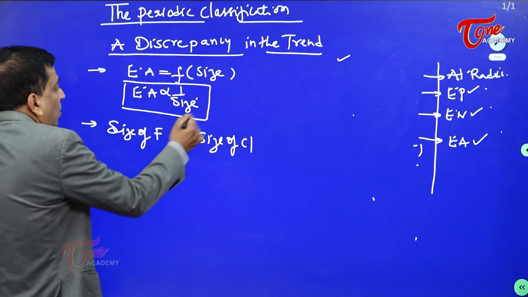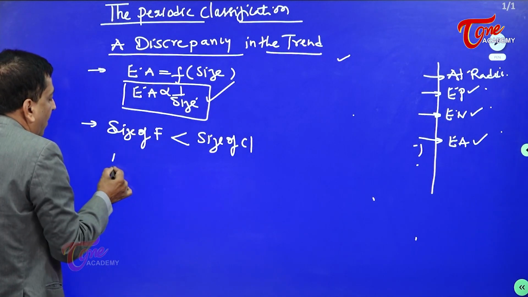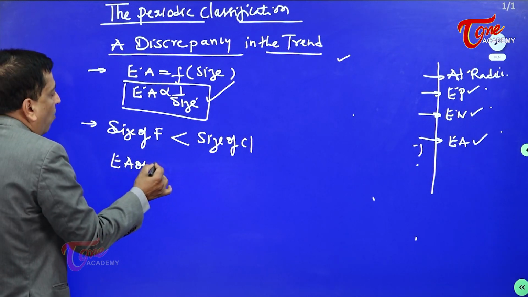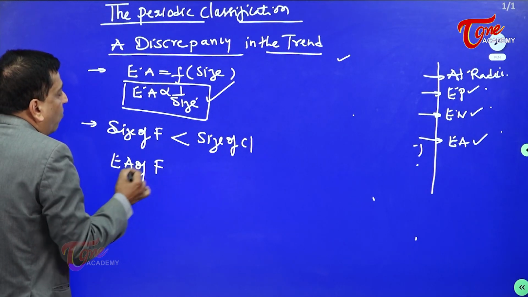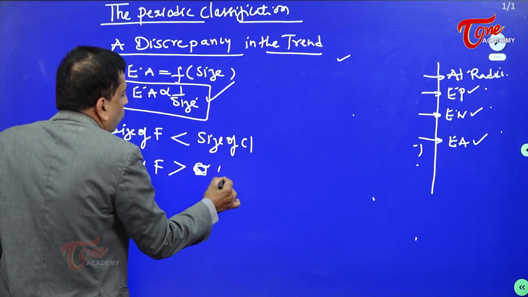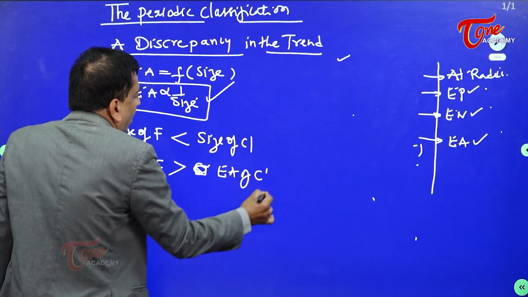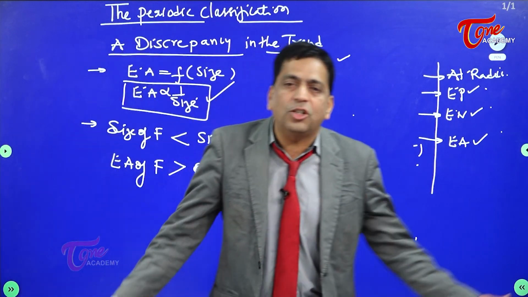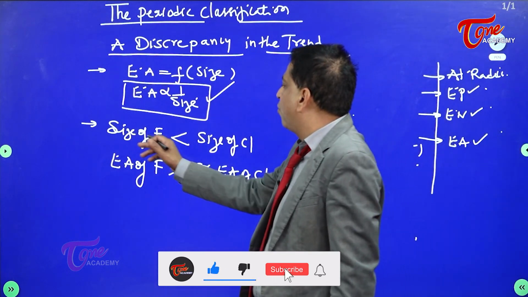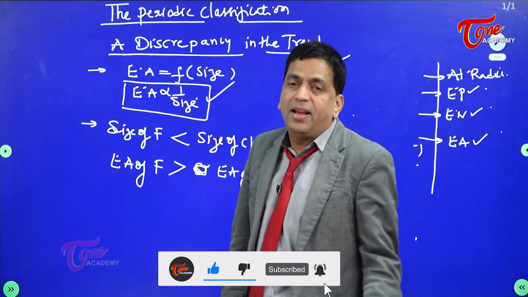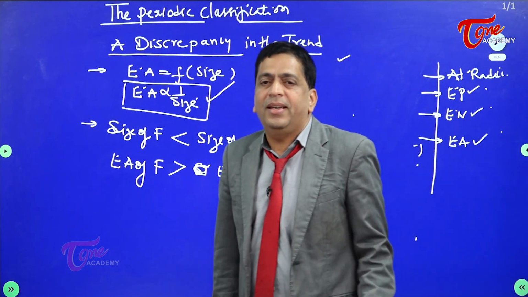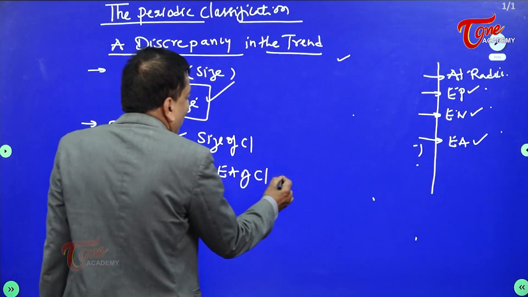Then if you put this trend here, the electron affinity of fluorine must be greater than the electron affinity of chlorine. You have framed the equation. If the size of fluorine is less than the size of chlorine, then the electron affinity of fluorine must be greater than the electron affinity of chlorine. This is the expected trend.